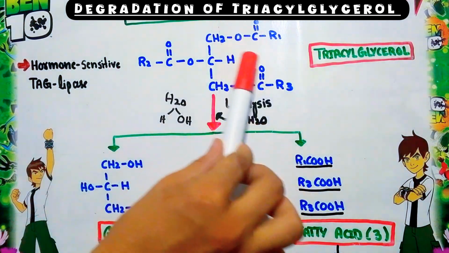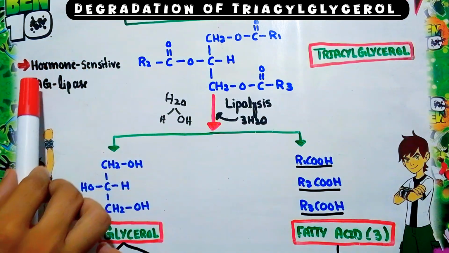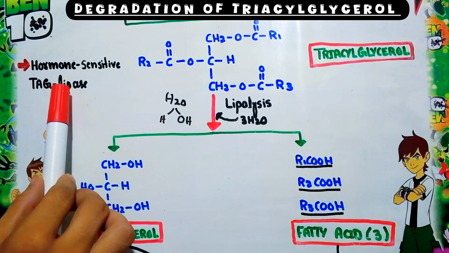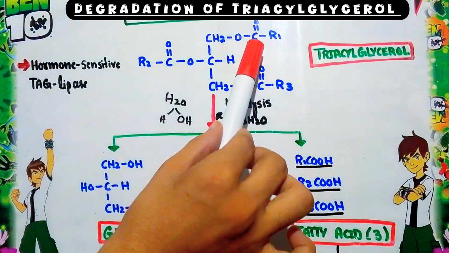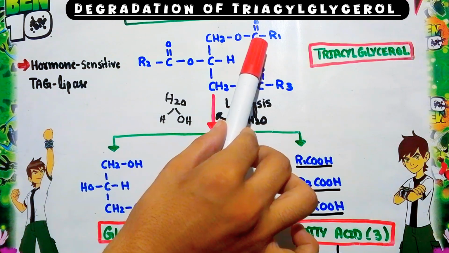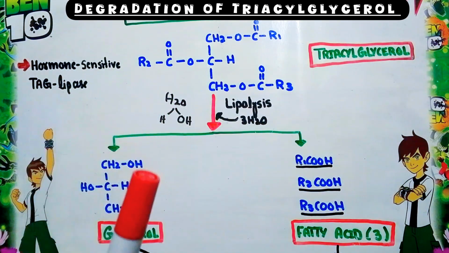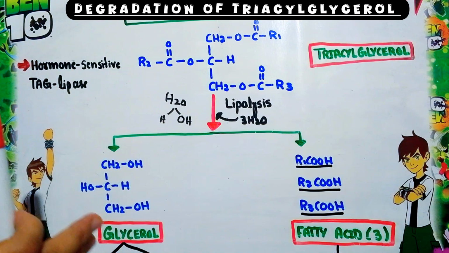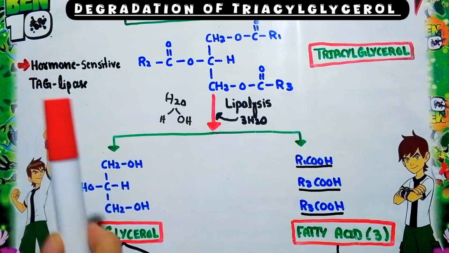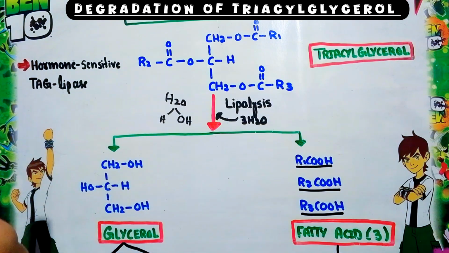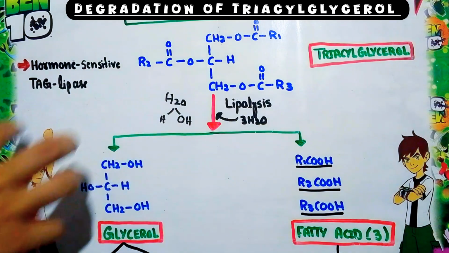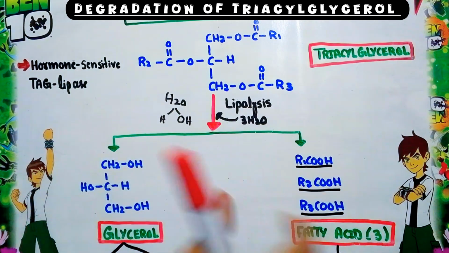As a result of the action of the hormone sensitive triacylglycerol lipase enzyme, the triacylglycerol is converted into diacylglycerol. A specific type of lipase enzyme then acts on these diacylglycerol molecules and removes the two fatty acids from the diacylglycerol. So finally the overall products are glycerol and three fatty acids.